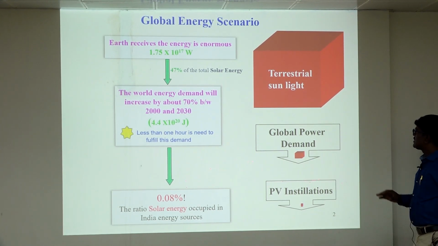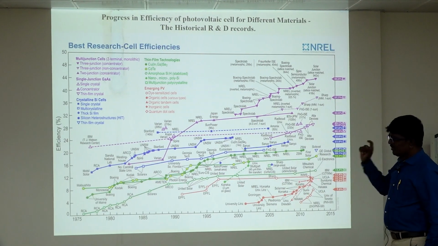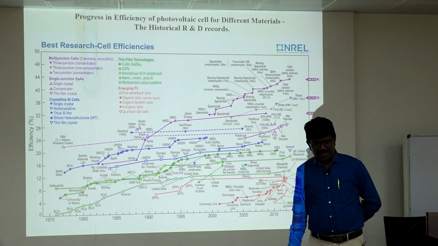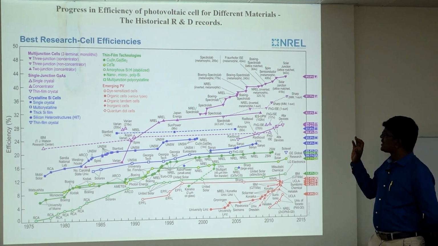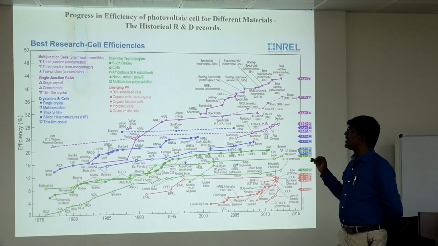So in this introduction slide, we want to talk about this chart from NREL, the National Renewable Energy Laboratory. It shows the progress of solar cells over the last 50 years and more.